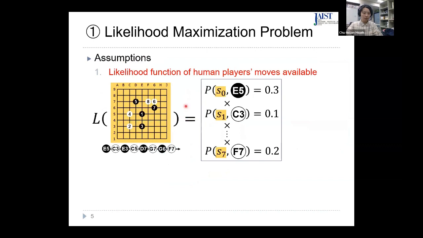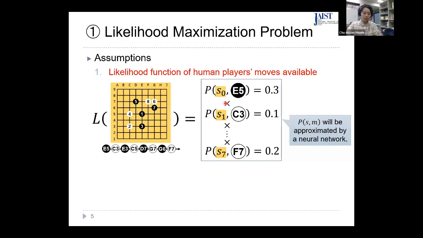The first assumption is that the likelihood function of human players' moves is available. So we have some move sequence, and we want to know the likelihood. We decompose it into the probability of playing each move at the corresponding positions. Later we will use a neural network to approximate the probabilities.